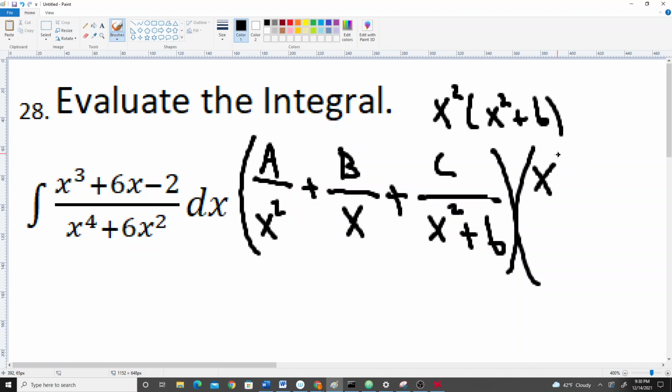So I'm going to multiply by a x cubed and then x squared plus 6. Wait one moment. This should actually be x squared times x squared plus 6.